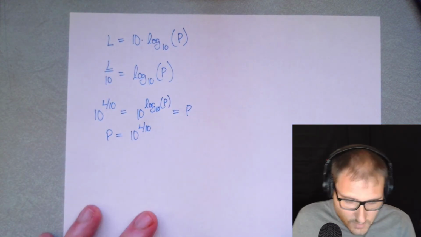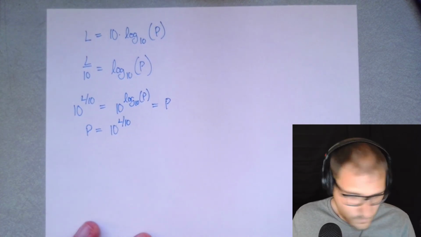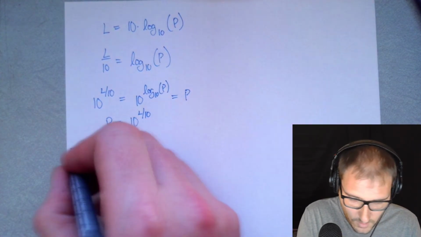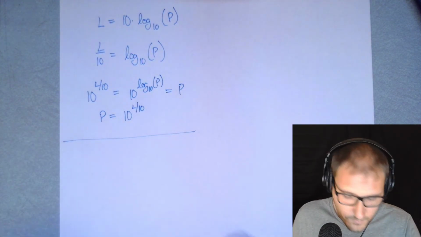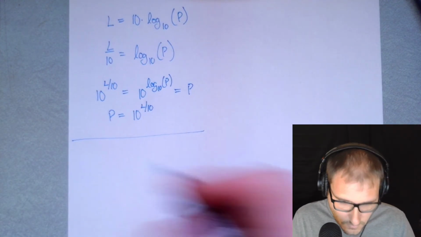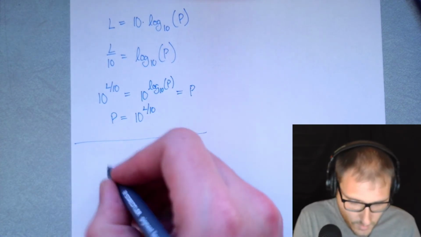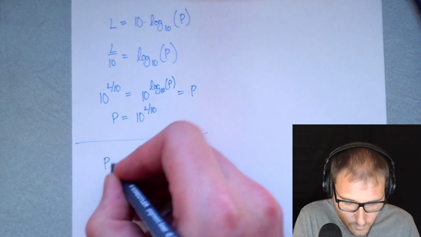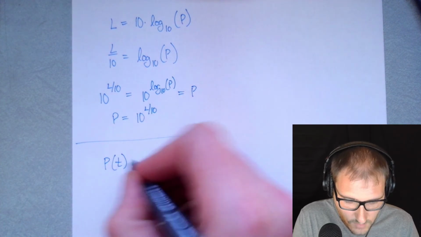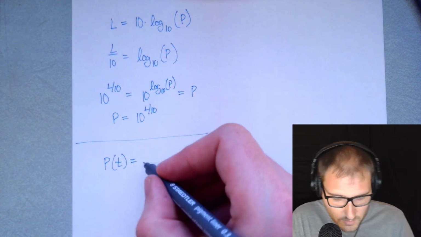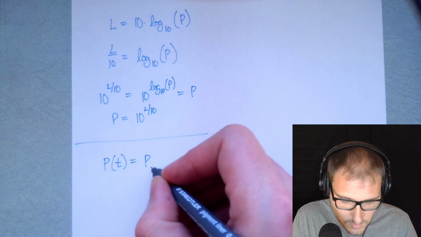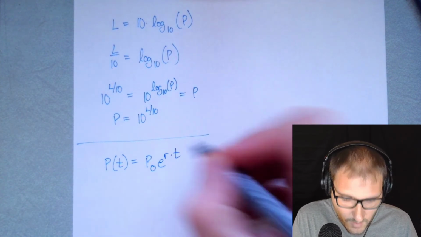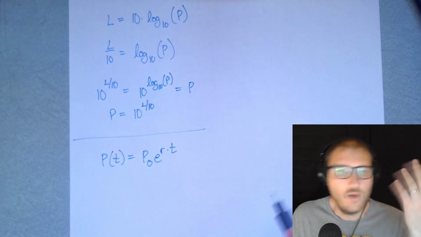Another thing is sort of a compound interest type of problem. I'm going to use P again here, but with compound interest, if you have my money as a function of time, it's related to my money at time 0 and e to the rate times time. This is a continuously compounding interest formula.